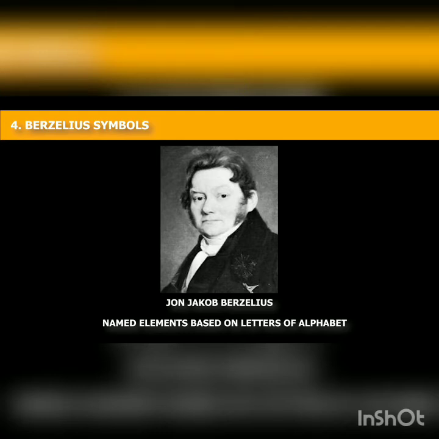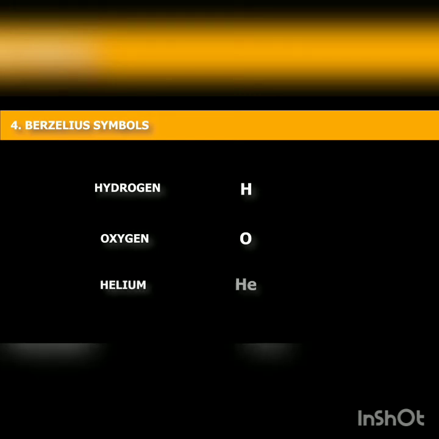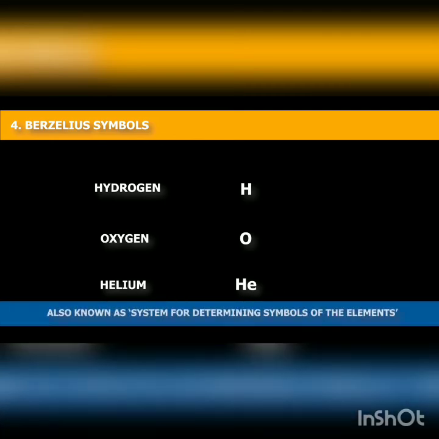For example, the hydrogen element was represented as the letter H. The oxygen element was represented as the letter O. Helium was represented as the letters He. In today's time, we use a modified version of the Berzelius system. The modified version of the Berzelius system is also known as the system for determining symbols of the elements.